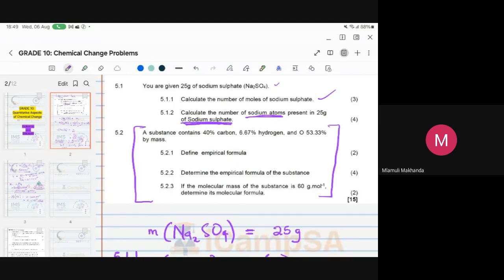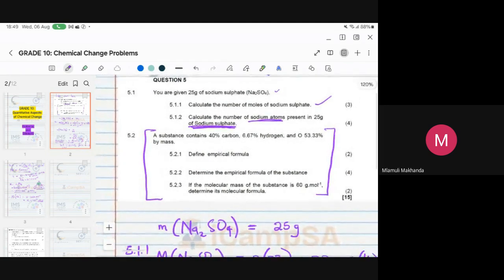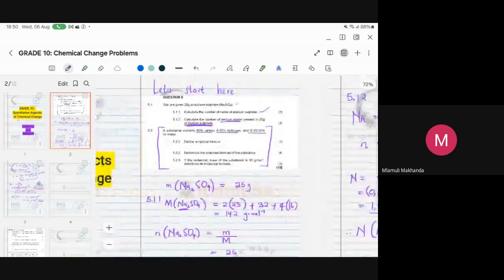Okay. So first things first, we are told that a substance contains 40% carbon, 6.67% hydrogen, and 53.33% oxygen. And then the first question is to define the empirical formula.